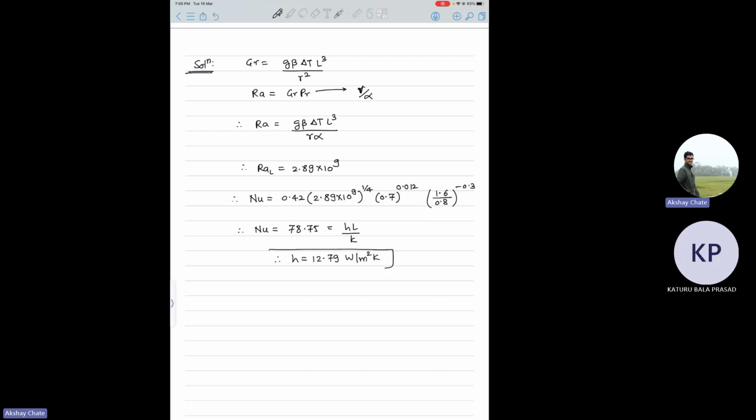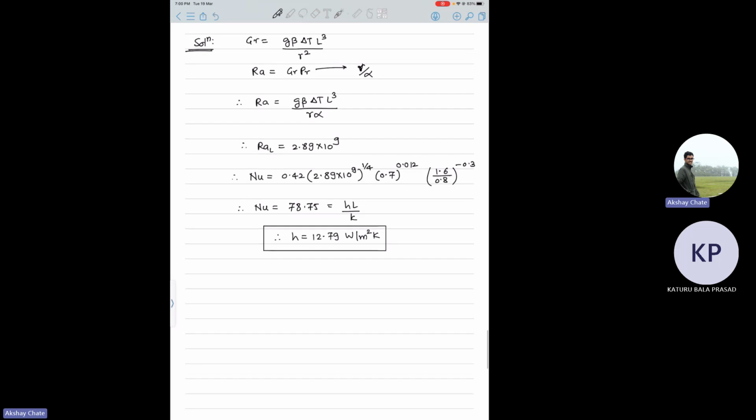So see, the solution is more or less mechanical, like what we did earlier. And here hA delta T: you have to take the area of the plate, so the area is 1.6 into 0.8, and delta T is 8.